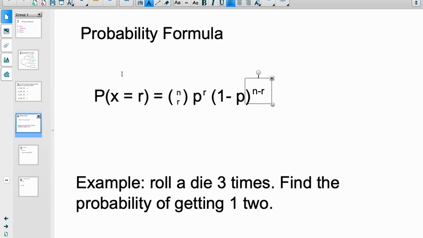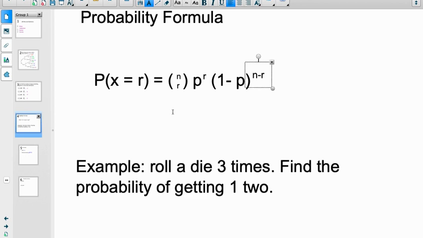Now the whole probability formula for the binomial distribution, we basically did everything for it already. n choose r, we did. The probability of success is p, the probability of failure is 1 minus p, and how many times you fail.